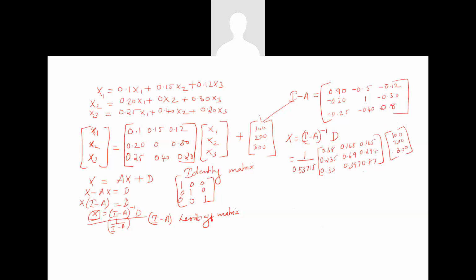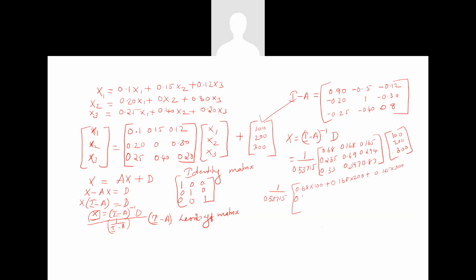Now what you need to do is just multiply this matrix with this column vector. You retain 1 by 0.53715 as it is. Then you multiply this Cij transpose matrix with this column vector, the external demand vector. So you get 0.68 into 100 plus 0.168 into 200 plus 0.165 into 300.